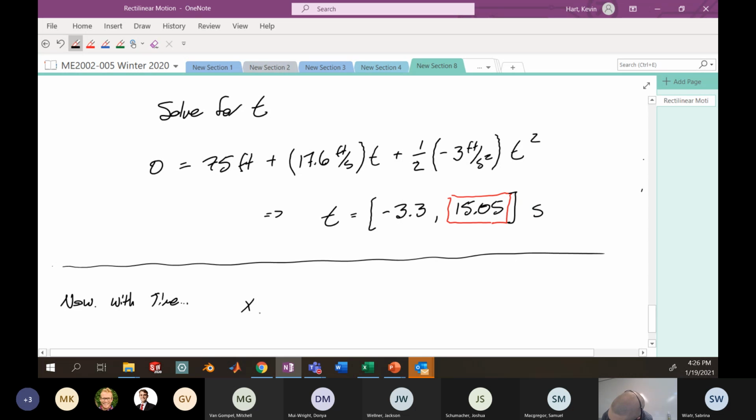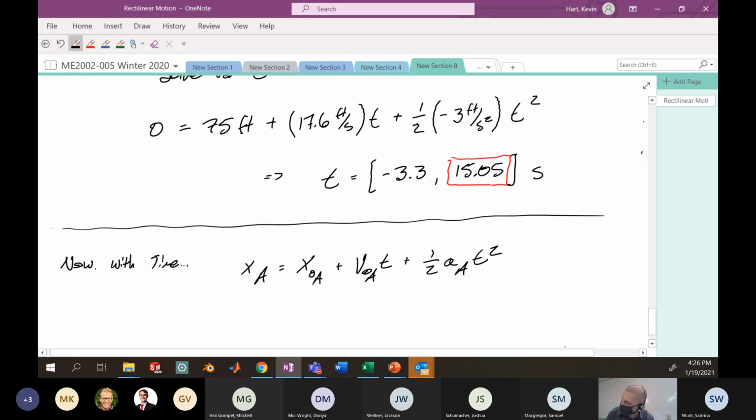So now with time, let's just use information about car A. Now we're interested in the final position of car A at some time.